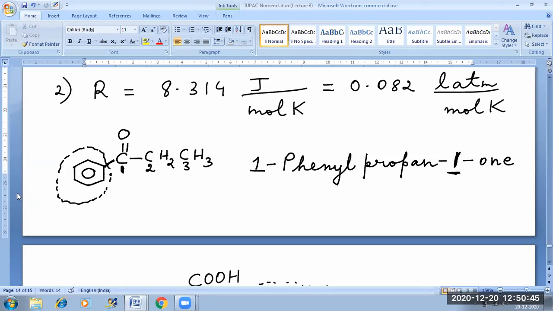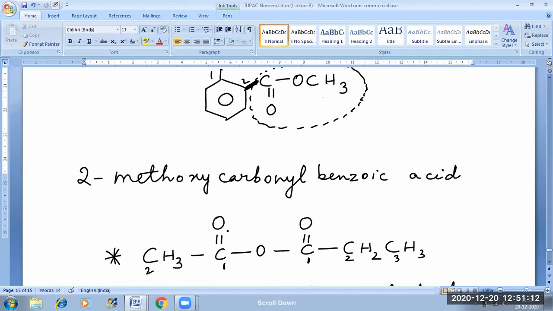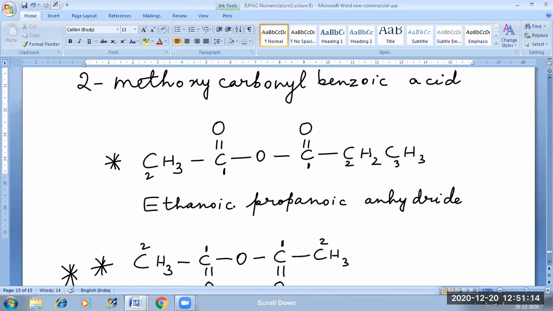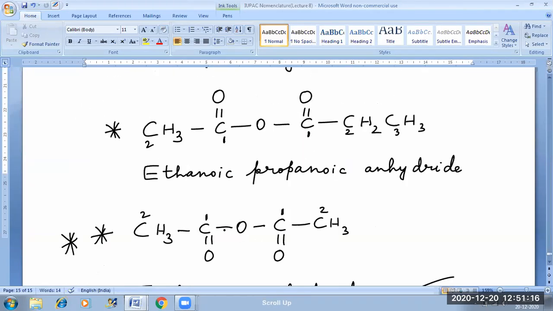For compounds where the ketonic group is directly attached to the benzene ring, you have to write one. You cannot ignore this one. Okay.